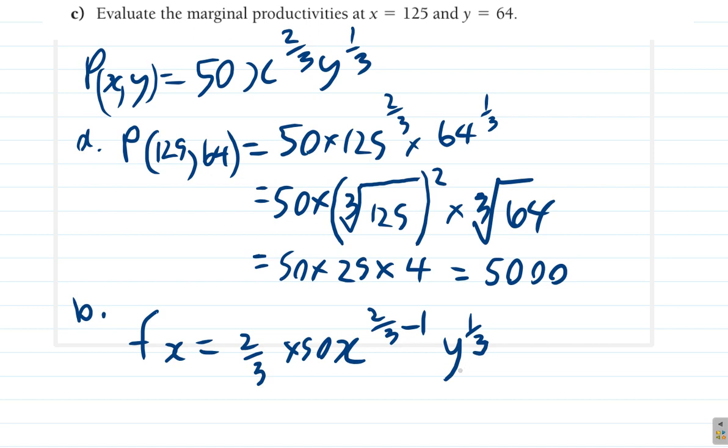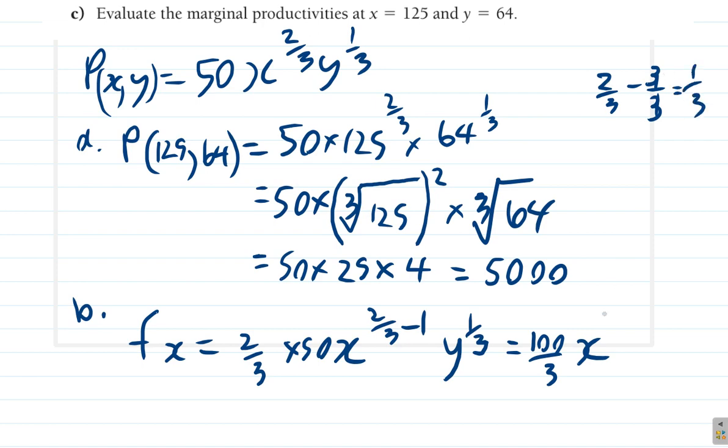Alright? So, this is going to be 2/3 by 50. This will be 100 over 3, x to the, what is 2/3 minus 1? 2/3 minus 1 over 1, which is 3 over 3. 2/3 minus 3/3 is negative 1/3.